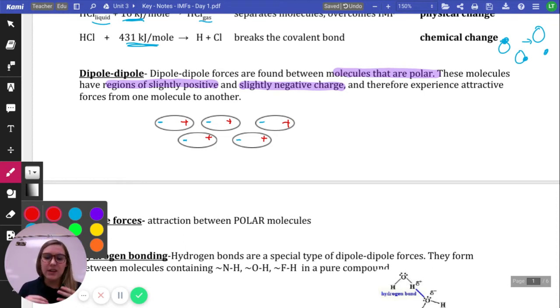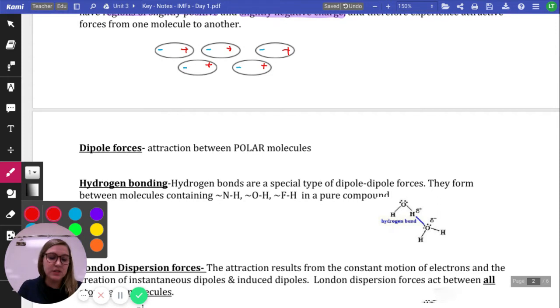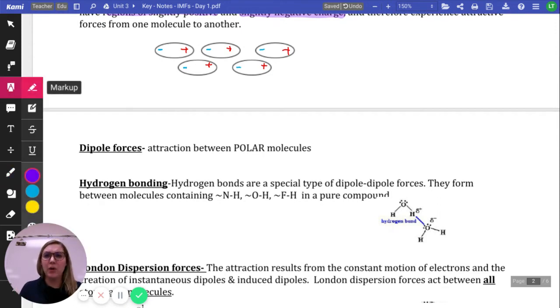Since those are attracted, we get that interaction there, because the slightly negative side is attracted to the slightly positive side of another molecule. And so we have that attraction there. And then just a definition: what is a dipole force? A dipole-dipole force is an attraction between polar molecules. We have that slightly positive and that slightly negative that leads to an attraction, because positives and negatives attract.